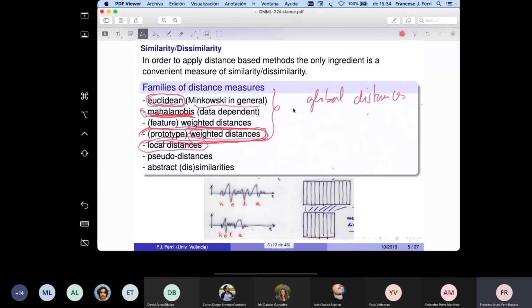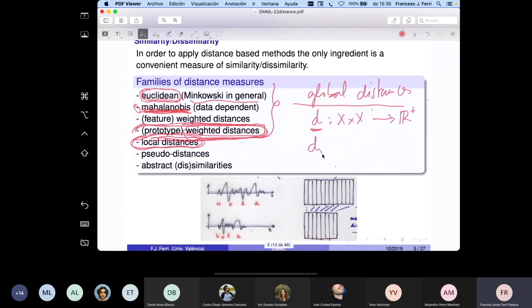All of these are global distances because this distance function is a unique function. It's the same function for the whole space. What is a local distance? Well, a local distance is a function that depends on where it is applied.